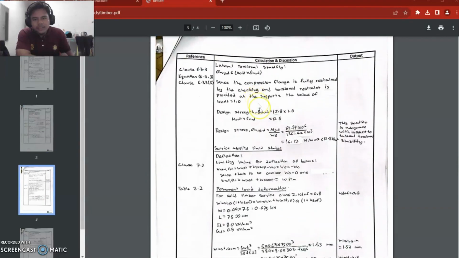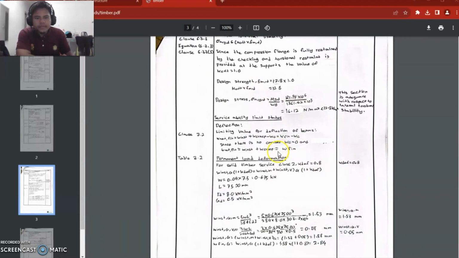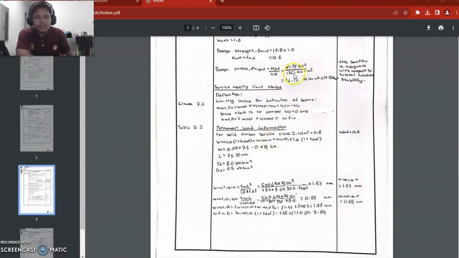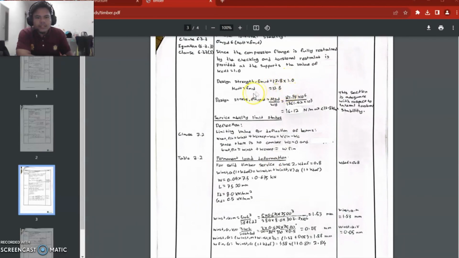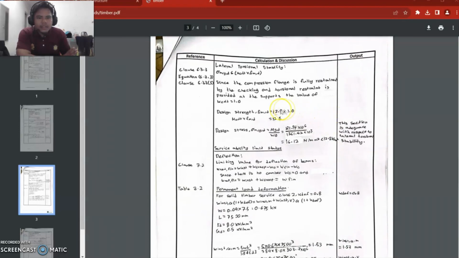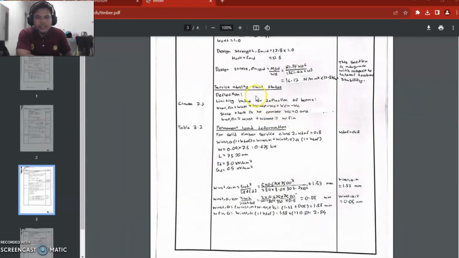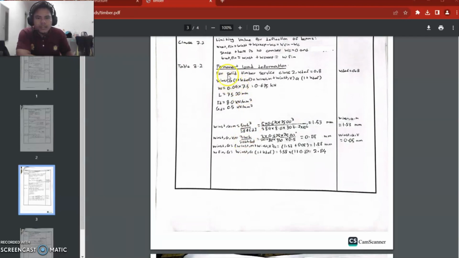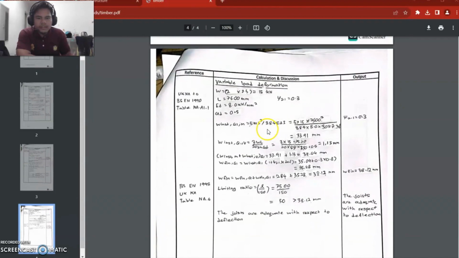Next, the service limit. For the design stress, it have to get the more large than design stress, which is this. Then service limit. Next, permanent load deformation, calculate for permanent and variable.